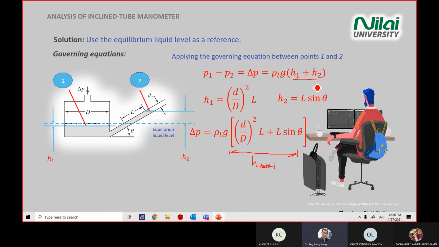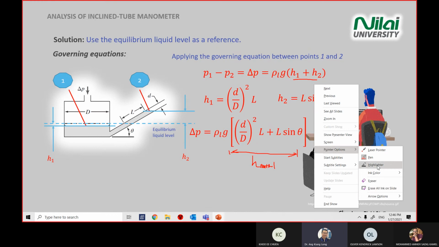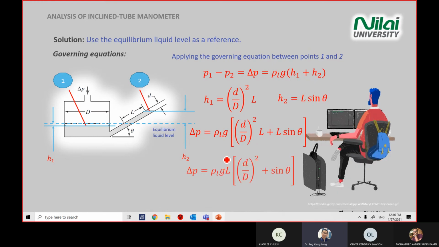The next step is just to tidy up the mathematical equation, where you pull the same factor L outside. Then inside the bracket, you only have small d divided by capital D squared plus the sine theta term.